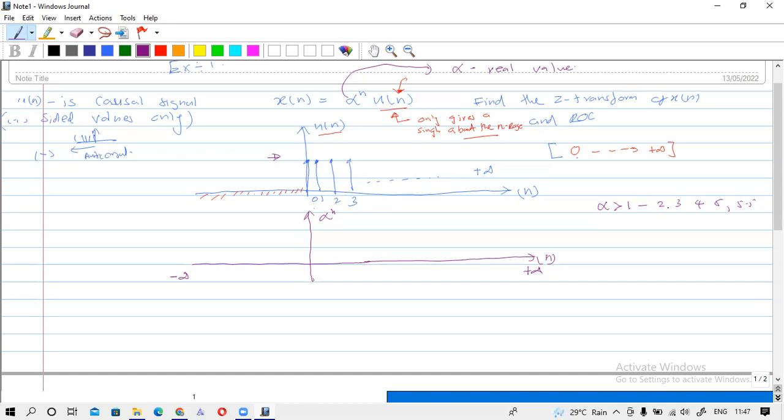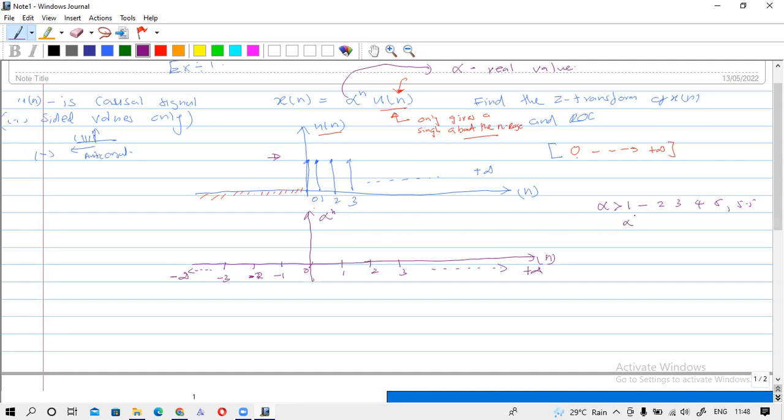So what happened? This n can be 0, 1, 2, 3 up to plus infinity, and also minus 1, minus 2, minus 3 up to minus infinity. If n is 0, alpha^0 is 1, whatever the value of alpha.